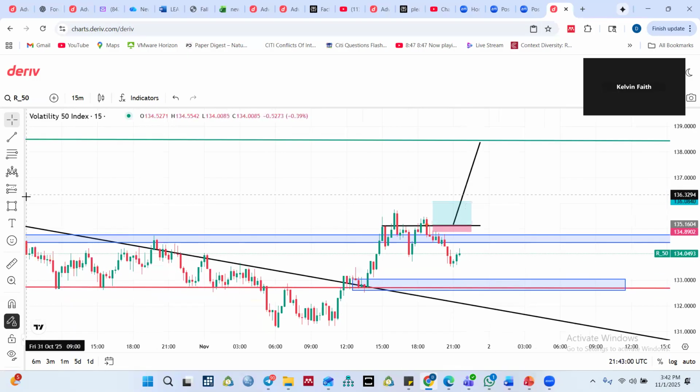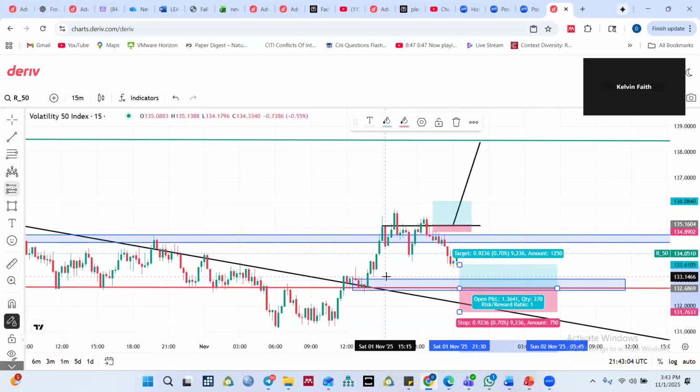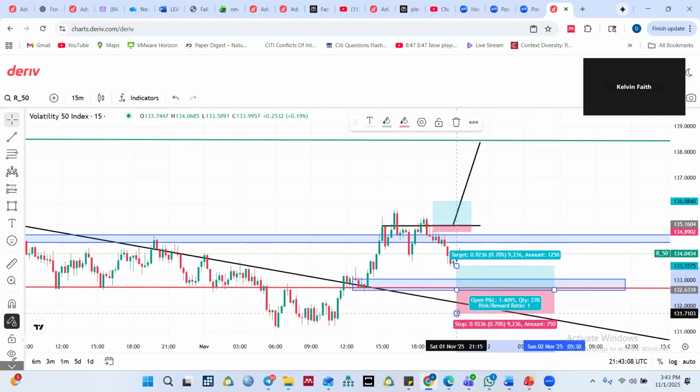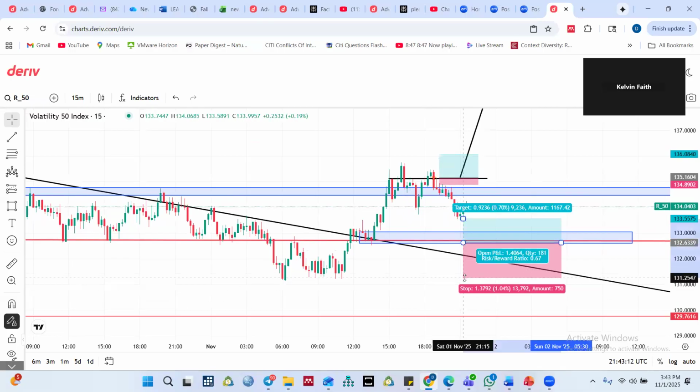So we have the first buy alert here. Stop loss can be even lower, up to the right shoulder, but that would be too huge.